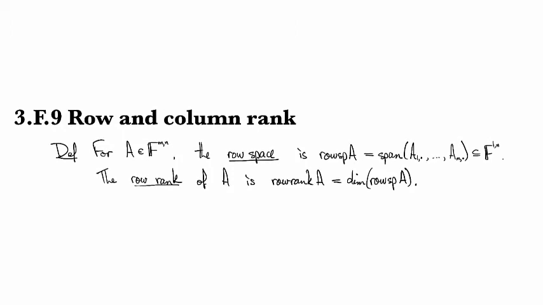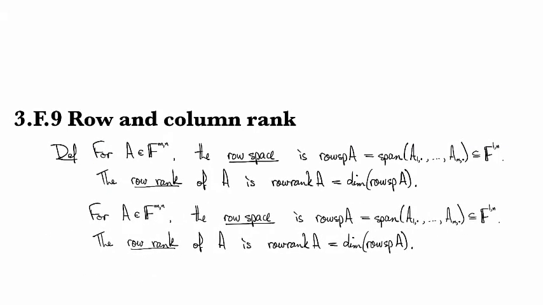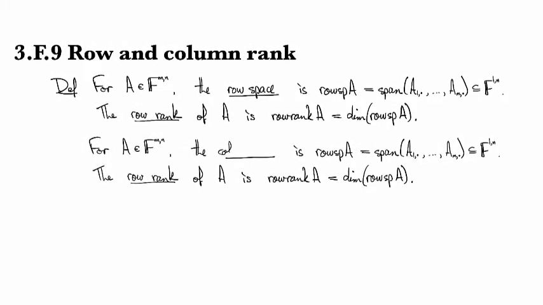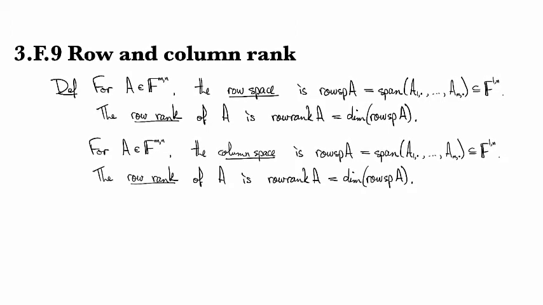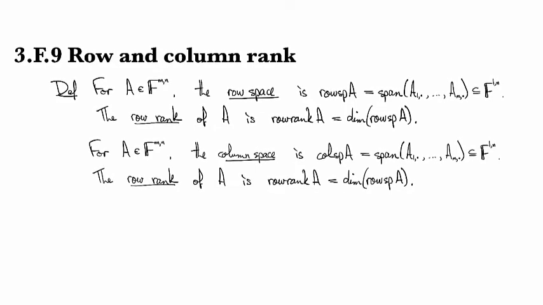And then we have the same thing all over again for columns. And in a fit of laziness, I'll just do a copy and paste here. So the column space is going to be denoted colsp of A, and this is going to be the span of the column vectors.